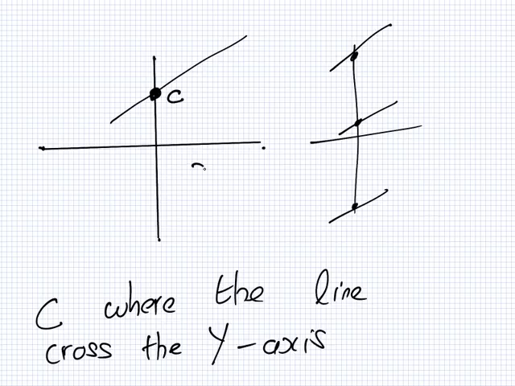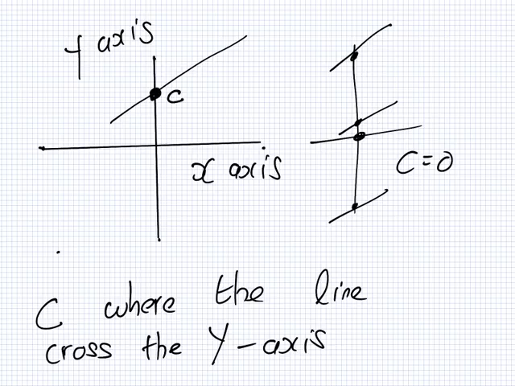This is called the X axis and this is called the Y axis. If C equals 0, where does it cross? What's this called? Origin. If C is 0, it's through the origin.